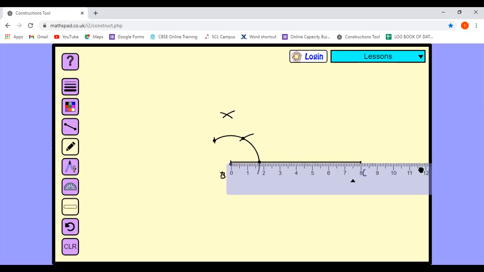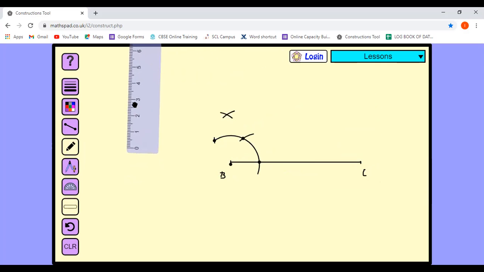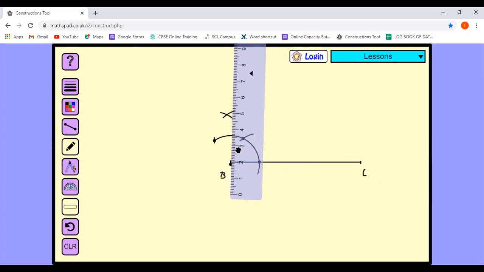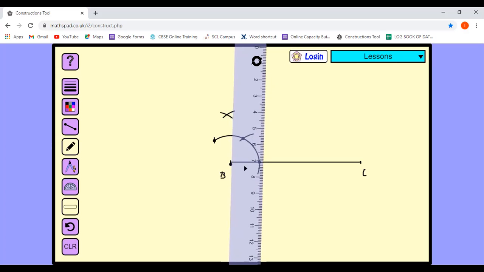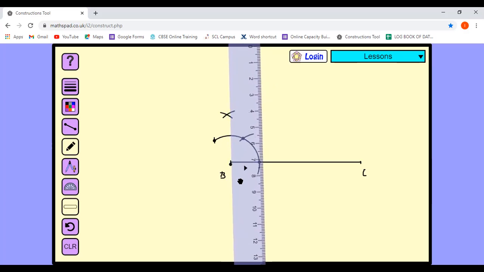Now if you're going to join these two, it's going to be 90 degrees, isn't it? You are well aware of 90 degree construction, and I think you must have completed it by now. Okay, so this is 90 degree for us.